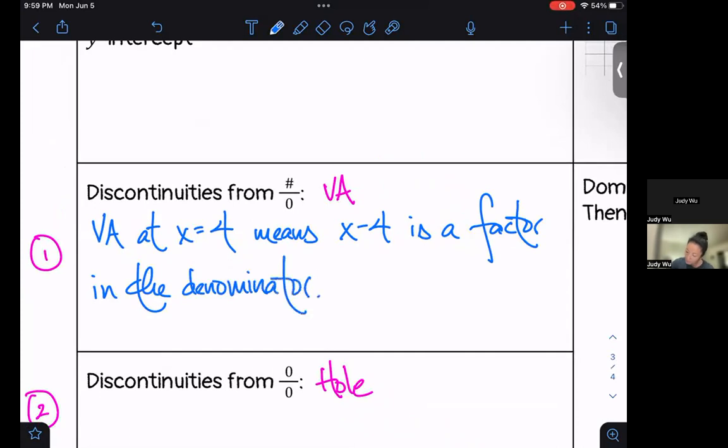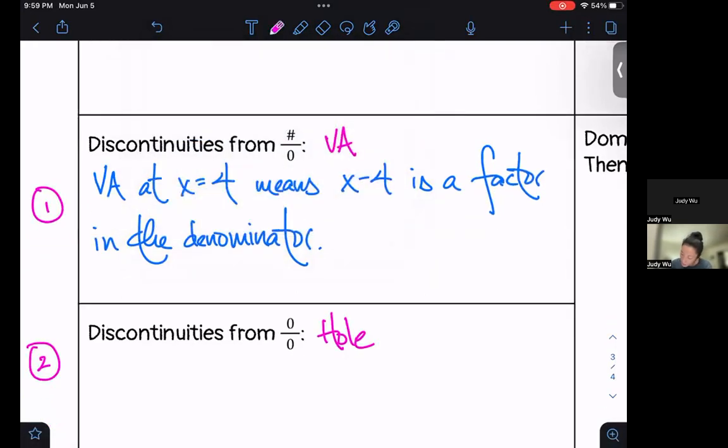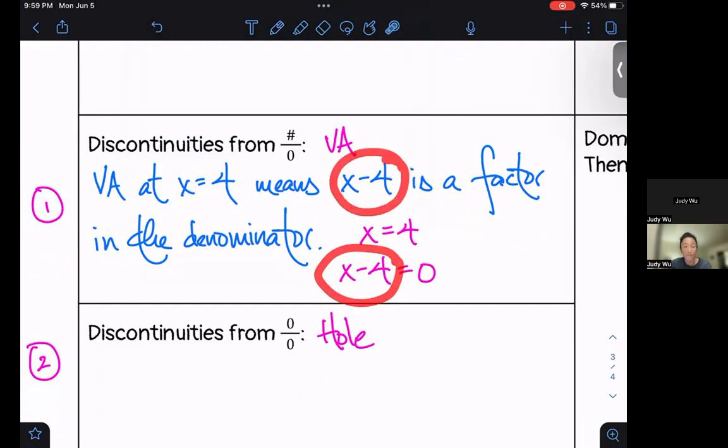Now, I know that it's a factor in the denominator because I'm looking for something that makes the denominator 0, okay? And if I plug in 4 and I get 0, it means the factor was x minus 4, okay? We can almost think about it like we took x equals 4, and we just moved the 4 to the left-hand side. X minus 4 equals 0, okay? So this, my friends, is our factor.